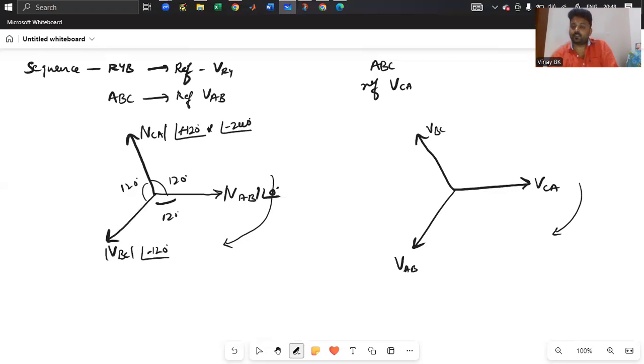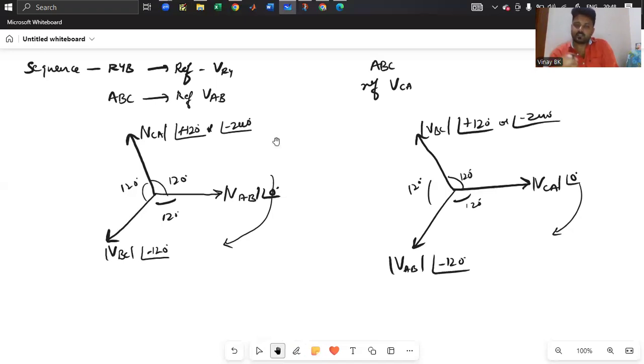The phase difference is 120 degree. So you're writing here VCA at an angle of 0 degree, VAB at an angle of minus 120 degree, VBC at an angle of plus 120 degree or minus 240 degree, both are same.